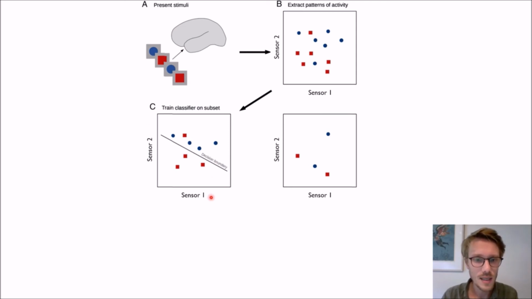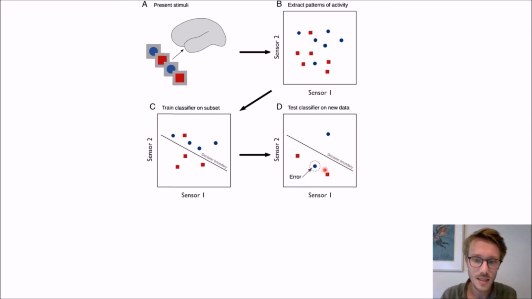Now we trained our classifier on this subset of trials, and we're going to evaluate its performance using the remainder of trials that we took apart earlier. If we apply our decision boundary to these trials based on the activity that they evoked in sensor 1 and sensor 2, we can see that our classifier makes 1 error, but 3 of them were classified correctly, because below the line should be inanimate, so all the red squares, and above the line should be animate.